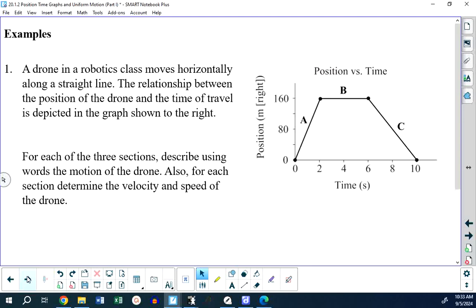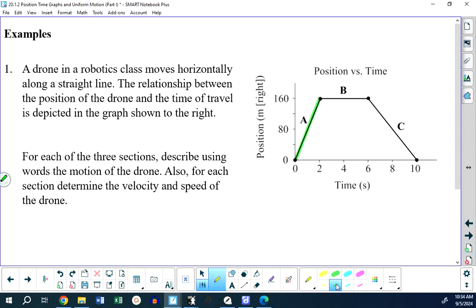So what's happening here? At the beginning, the drone starts and it travels until it is 160 meters to the right of where it started. So this stuff on the vertical axis is a position measurement. Can somebody tell me why during this section of the analysis of the drone, it's moving, say, to the right?